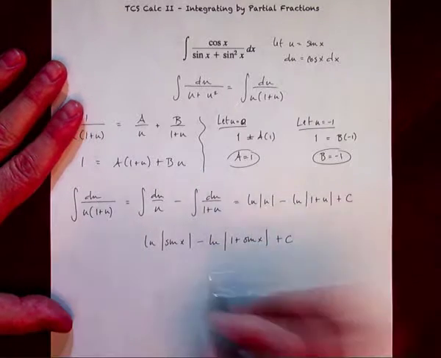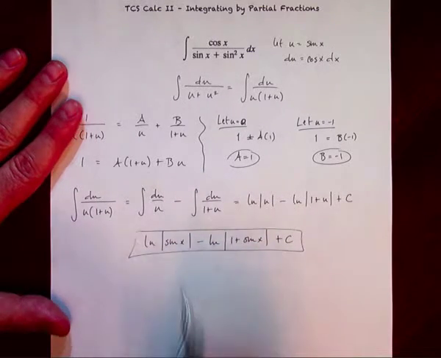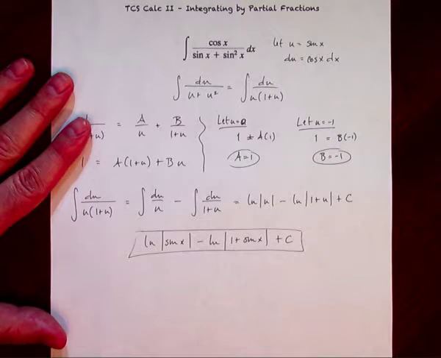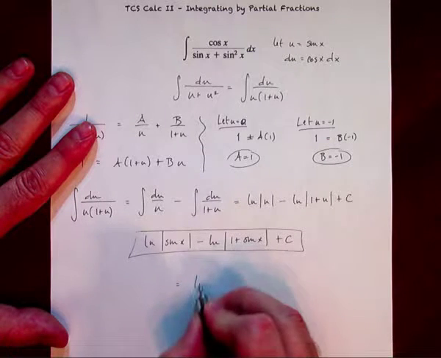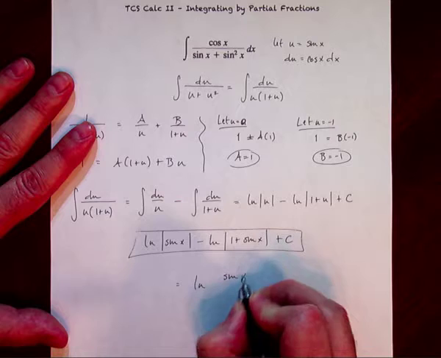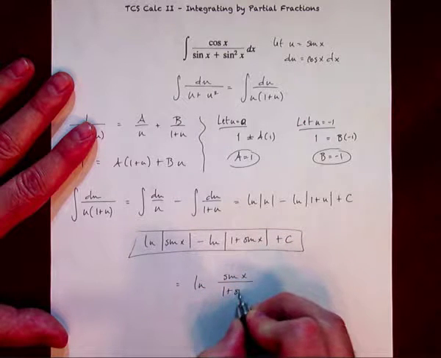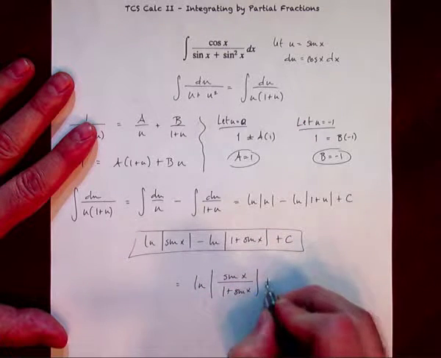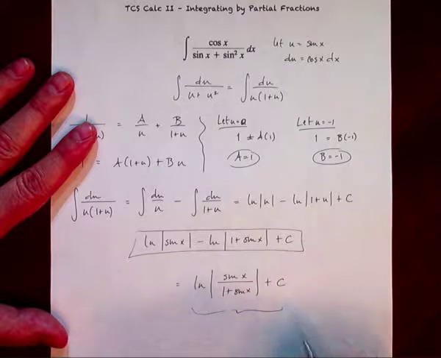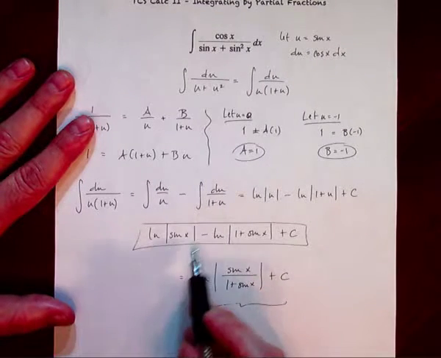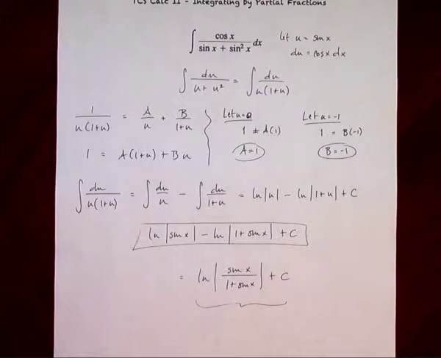And by the way, you can leave it like this, but remember that by properties of logarithms, this could be rewritten as the natural log of sine x over 1 plus sine x, with absolute value bars, and this winds up being a little bit simpler, but this, of course, is legitimate as well.